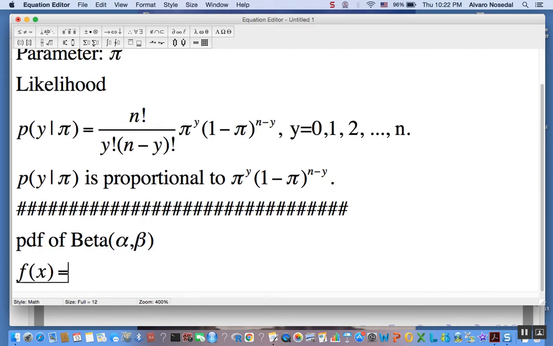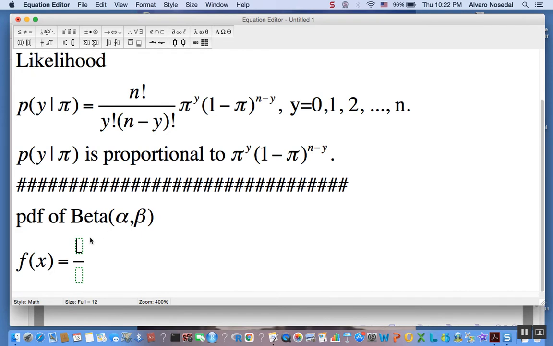Let me use f of x notation, the kind of notation that we use in STA360. It's going to be the gamma function evaluated at alpha plus beta, our parameters, divided by the gamma function evaluated at alpha times the gamma function evaluated at beta.